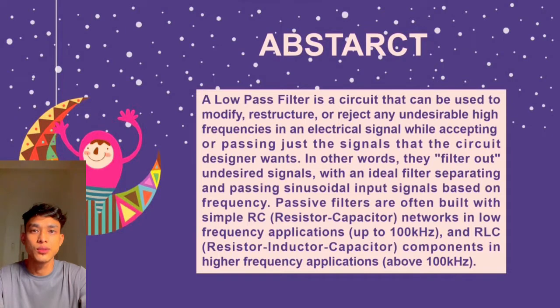In other words, it filters out undesired signals, with an ideal filter separating and passing sinusoidal input signals based on frequency. Passive filters are often built with simple RC networks in low frequency applications up to 100 kHz, and RLC (resistor, inductor, capacitor) components in higher frequency applications above 100 kHz.